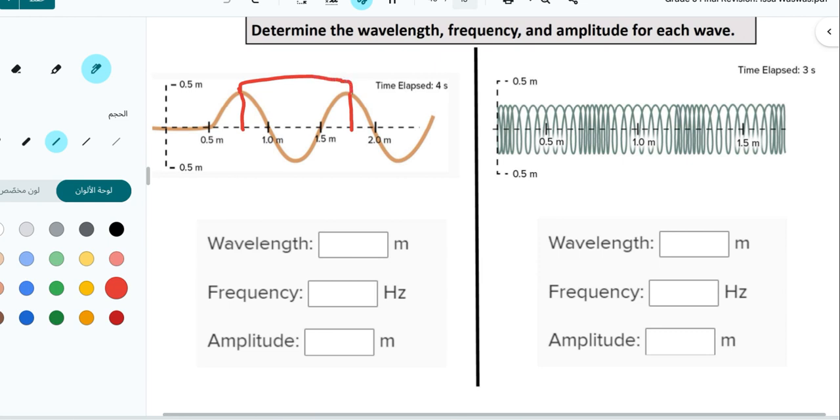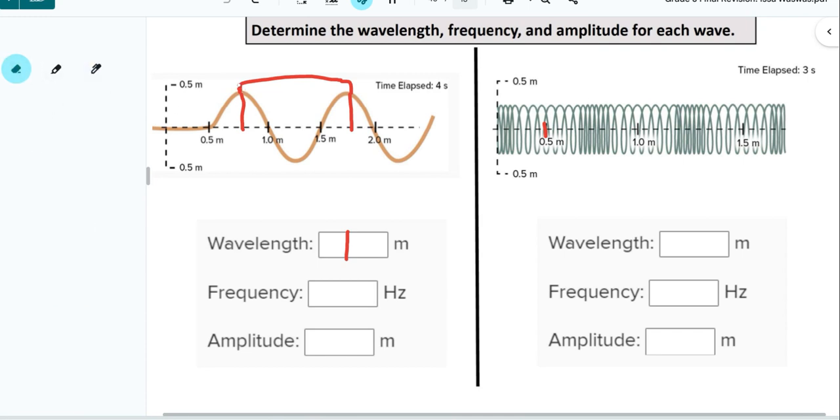So this is going to be a wavelength of 1 meter. We can do the same thing here. Or let me just focus on this. I'm going to erase this.